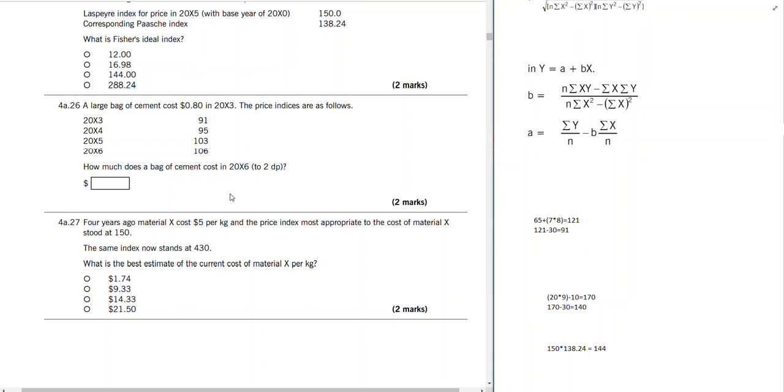How much does a bag of cement cost in 2016, to 2 decimal places? A large bag of cement cost 80 cents in 2013. The price indices are as follows: 91, 95, 103, 106.